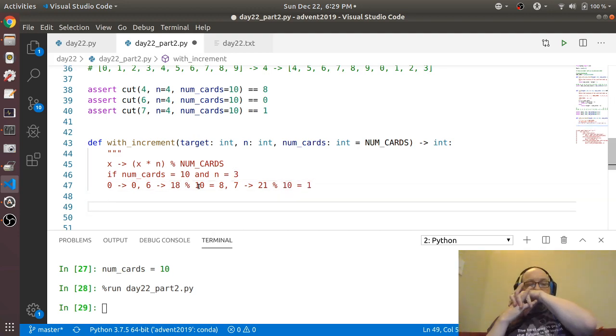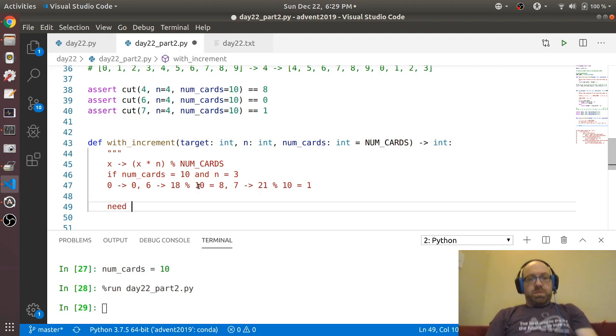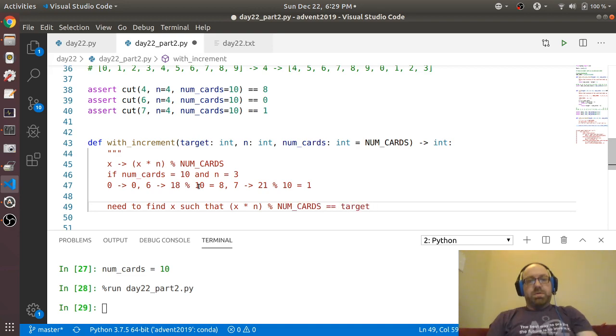And so what that means is that I need to find x such that x times n mod num cards equals target.